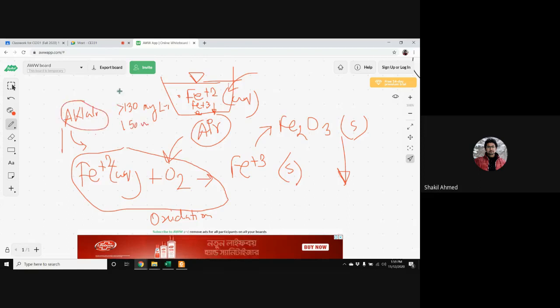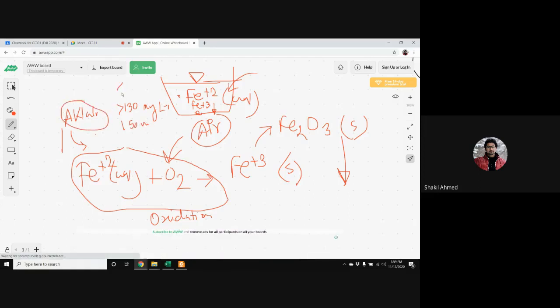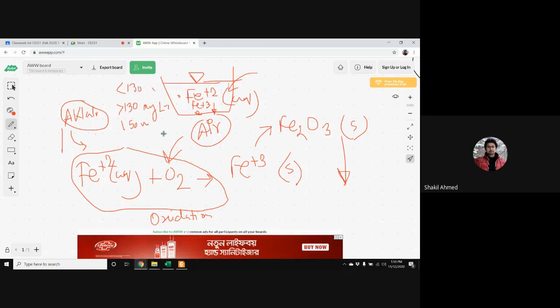If your alkalinity is less than 130 milligram per liter, then it is very difficult to do this. That means if alkalinity is low, this oxidation will not take place easily, and your removal will be smaller. You want to remove the iron, right? So you have to keep alkalinity greater than 130 milligram per liter. Is it clear?